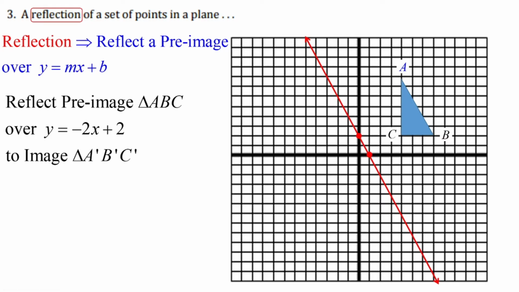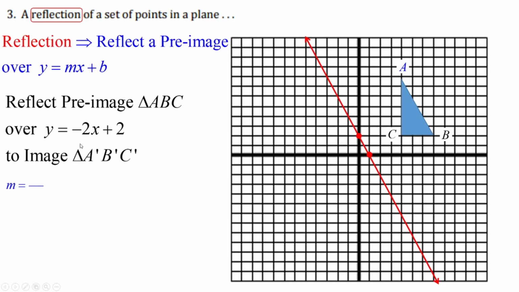Now, when we reflect, all right, just each of these points, kind of visualize it. This C would end up over here somewhere, C prime. A is going to end up over here, and B is going to end up over there. All right, so it doesn't matter which one we started with. So first off, though, the slope of our y equals -2x plus 2 is -2.